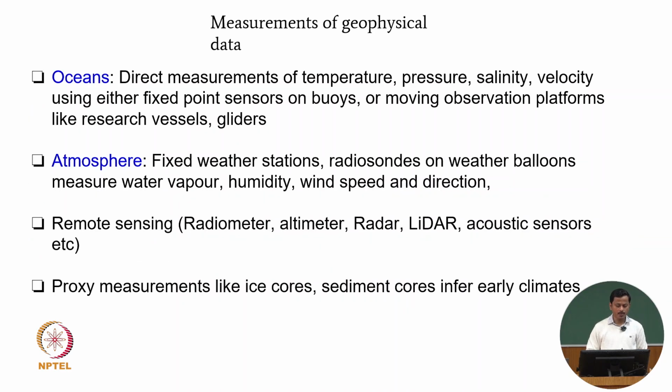So, measurements of geophysical data. First of all, for oceans, we can have direct measurements of temperature, pressure, salinity, velocity, and other necessary or interesting parameters using fixed point sensors on buoys. So buoys are floating systems.